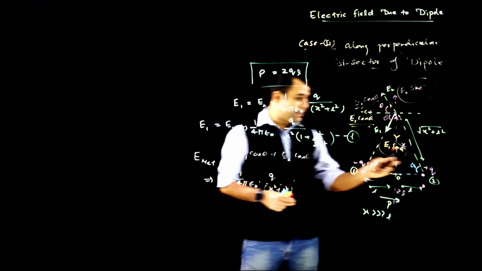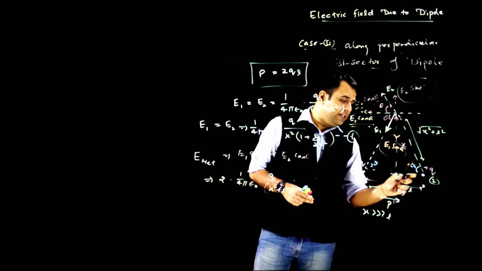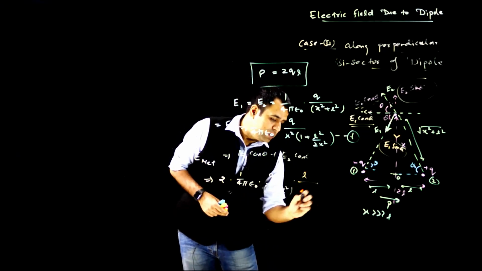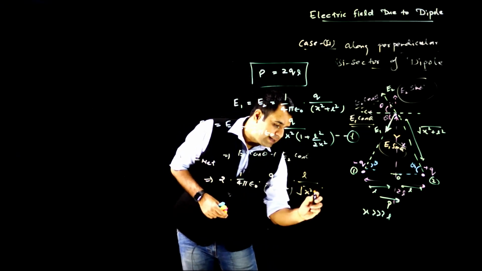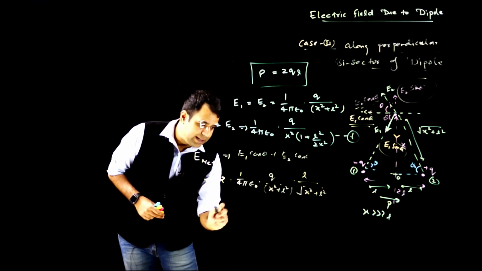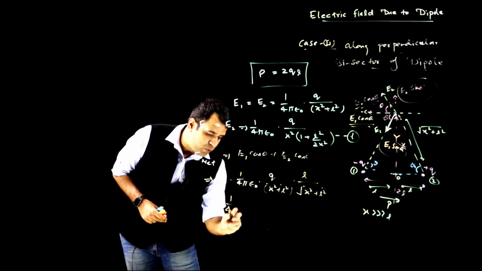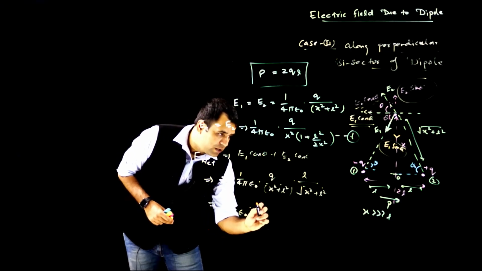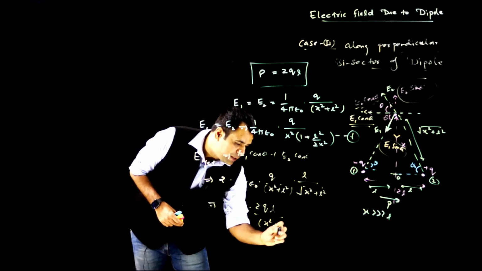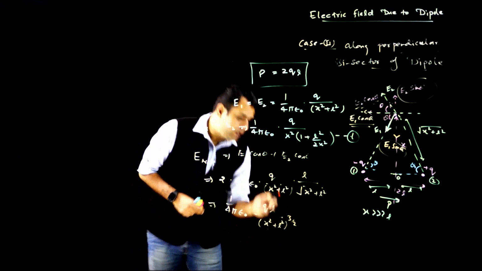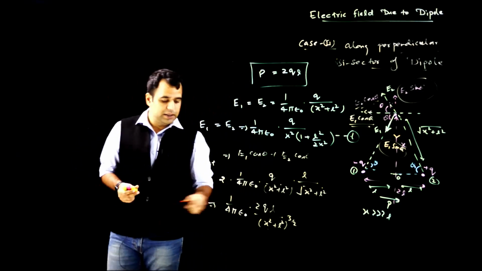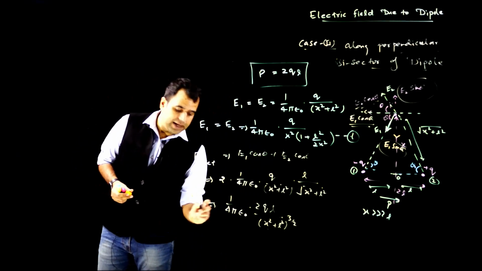This is the theta. Cos theta is base upon hypotenuse, so it will be L upon under root of x square plus L square. And that will become 1 upon 4 pi epsilon naught, 2QL upon x square plus L square power 3 by 2, because 1 is there and 1 by 2 will come from here. This is the net electric field at point P.